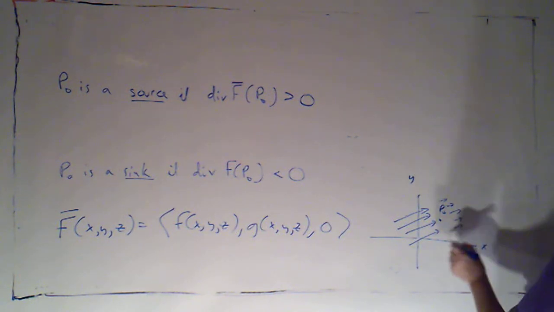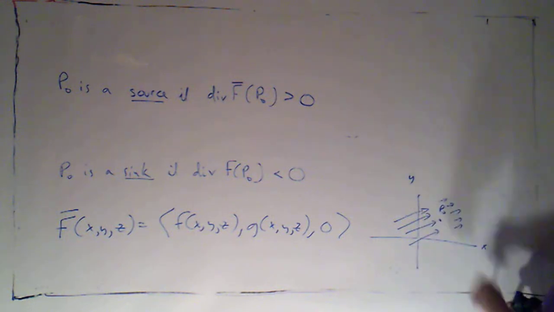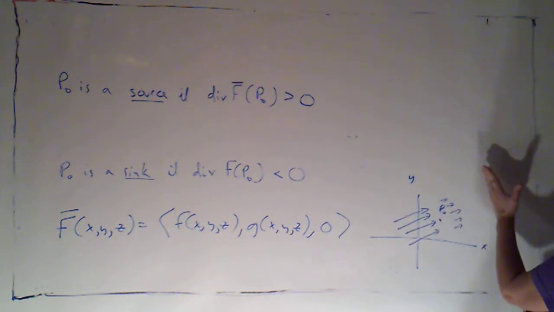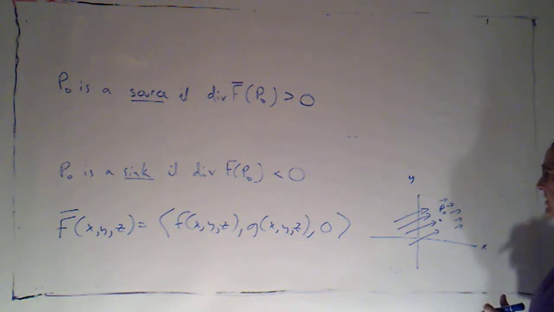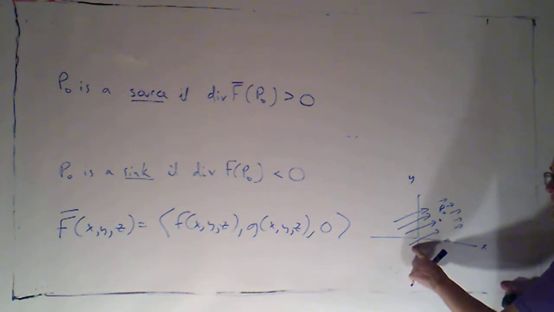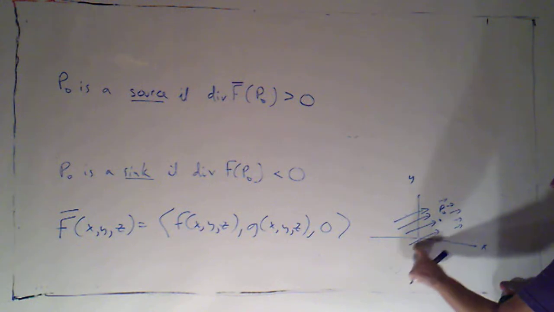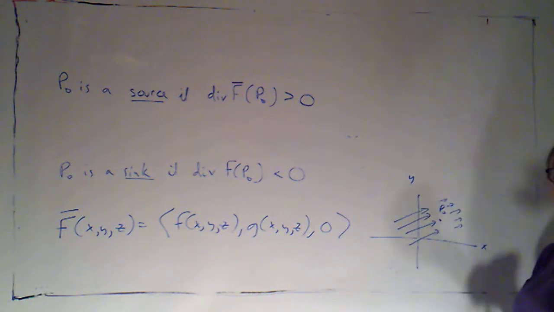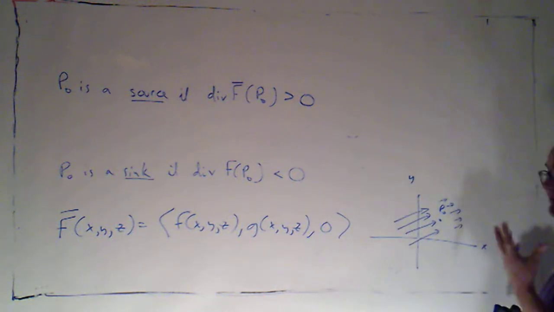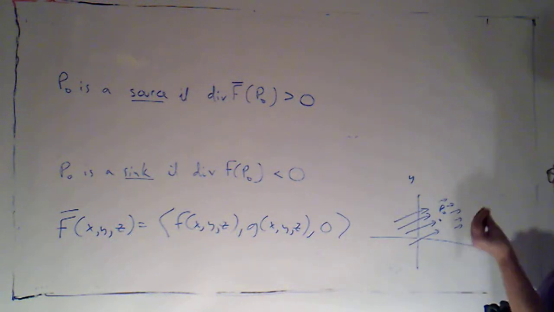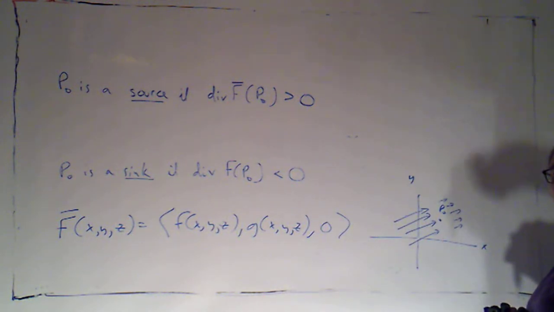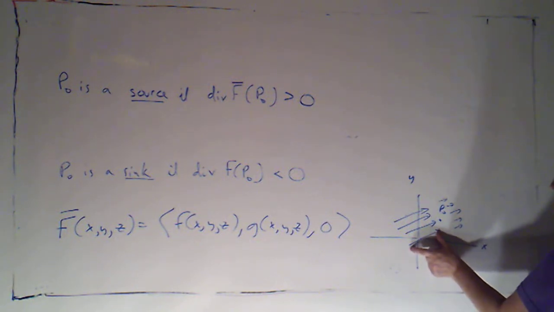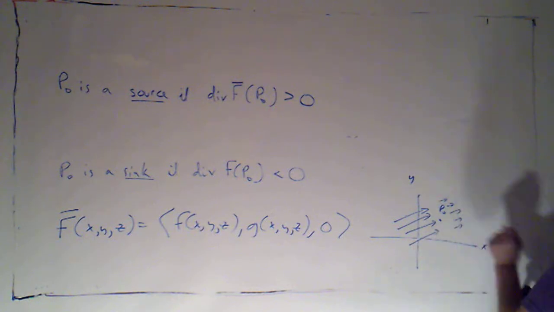So essentially, stuff is flowing pretty much consistently in this direction. But remember that the length of the vectors would correspond to, if this were a velocity field scaled by a density function, so that we were measuring not the volume of liquid flowing through, but the mass of the liquid flowing through, the speed with which it's flowing.